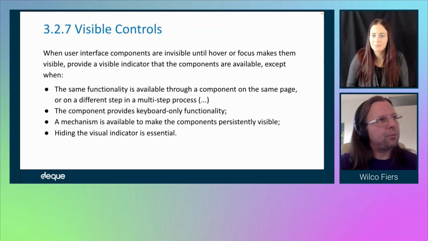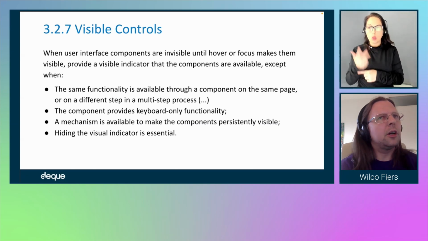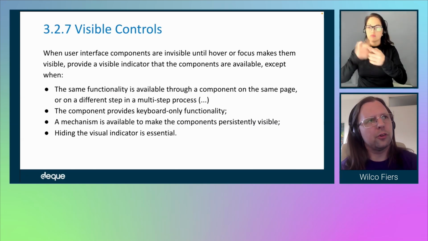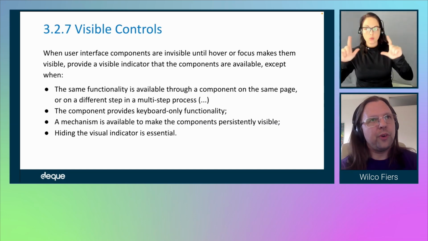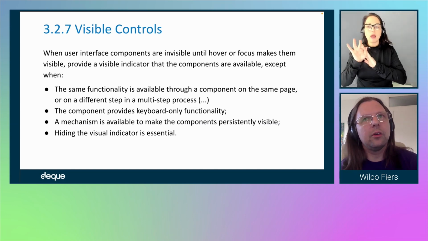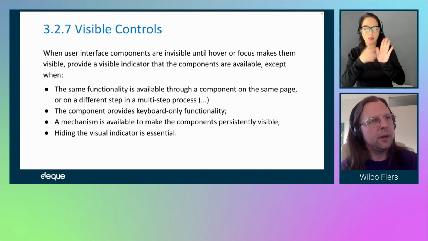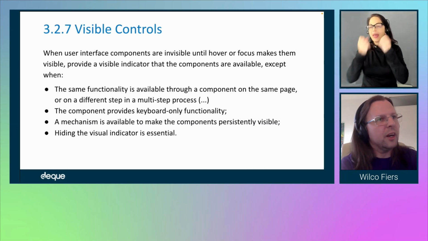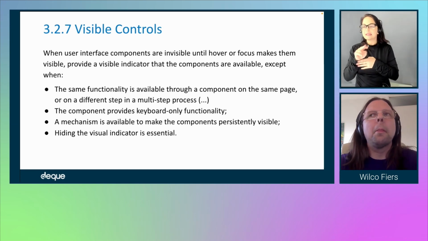Visible controls, 3.2.7. When user interface components are invisible until hover or focus makes them visible, provide a visible indicator that the components are available. And then there are a number of exceptions to that.